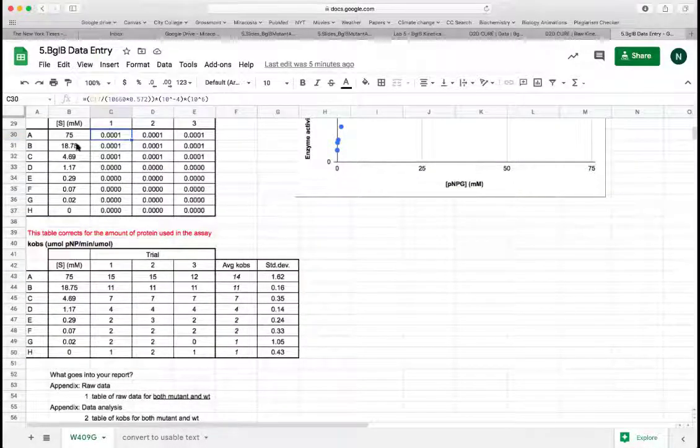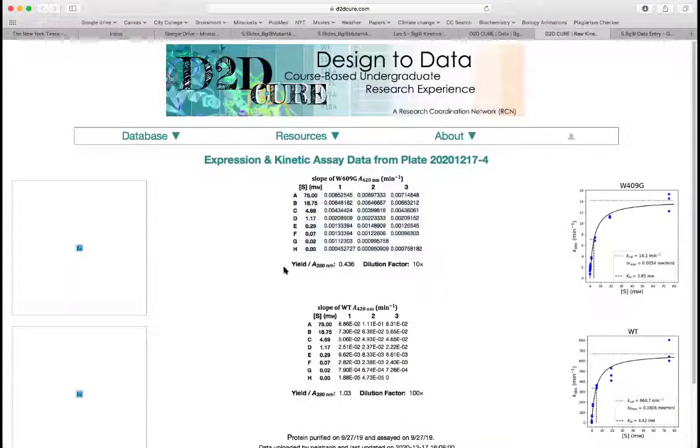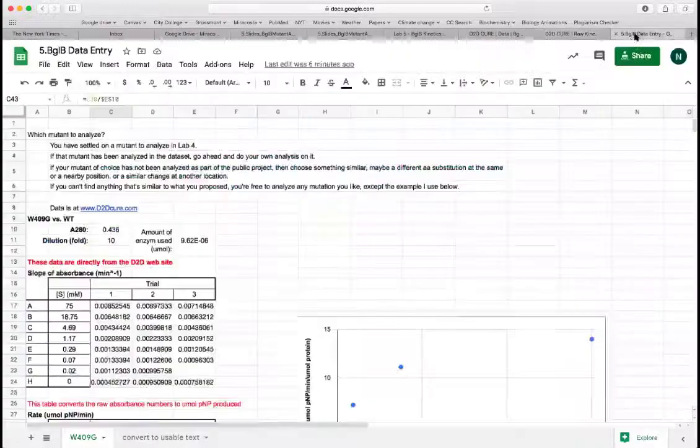That's cell C30, and I'm going to start with that cell and divide by the protein concentration. So what is the protein concentration? Remember, we had these parameters here. It tells us the absorbance of the protein and the dilution factor. So that's all here.